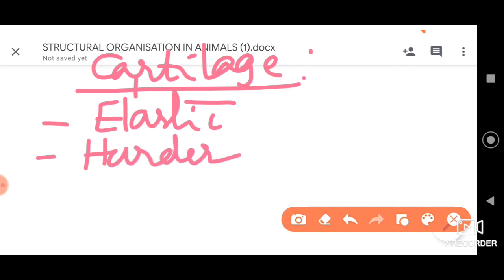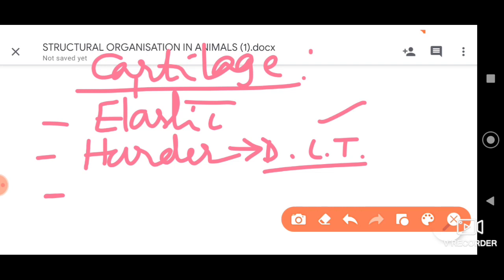When we consider the dense connective tissues, that is the tendons and ligaments, cartilage is much harder than that. Now we are talking about the cartilage and the bone, which are the skeletal connective tissues under specialized connective tissue. So they are harder than the tendons and ligaments. This is the second point, dear students.